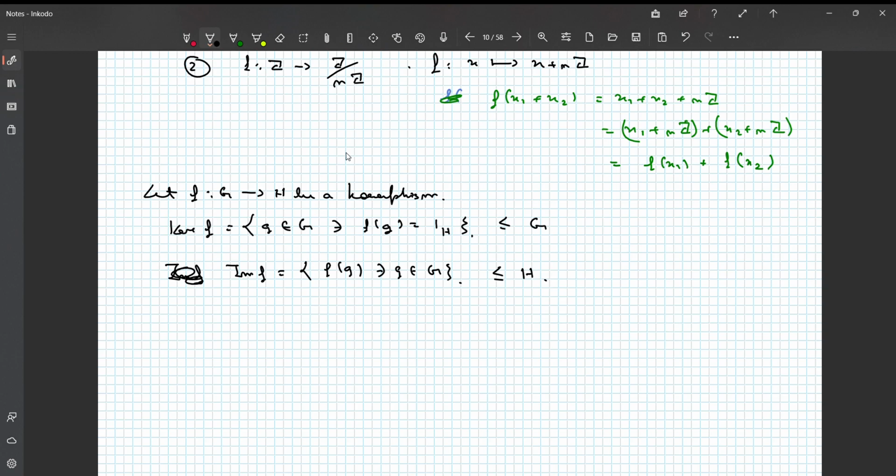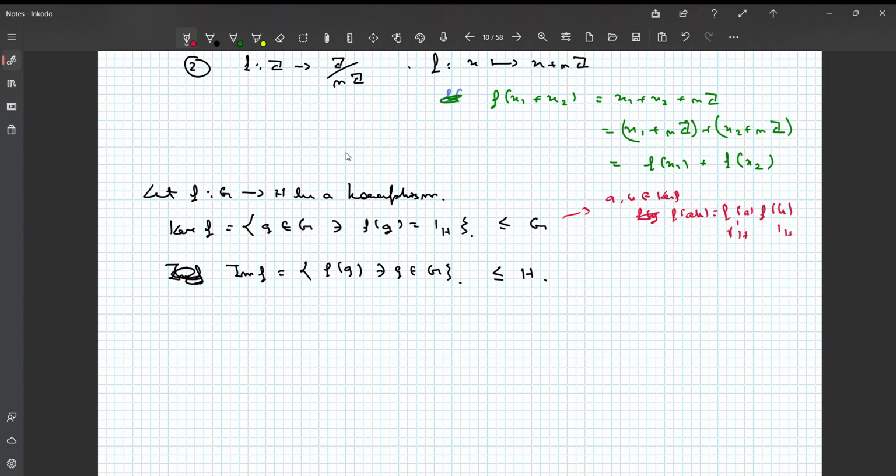Proving this is pretty easy, because you can notice that if you choose two elements a and b from the kernel of f, then their images are the identity. So what is f of ab? f of ab is equal to f(a) f(b), because f is a homomorphism. And f(a) is 1_H because a is from the kernel, and f(b) is also 1_H. So 1_H composed with 1_H is again 1_H.